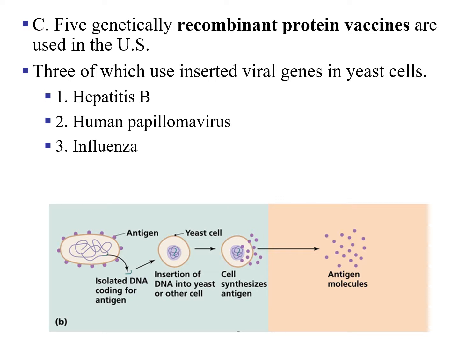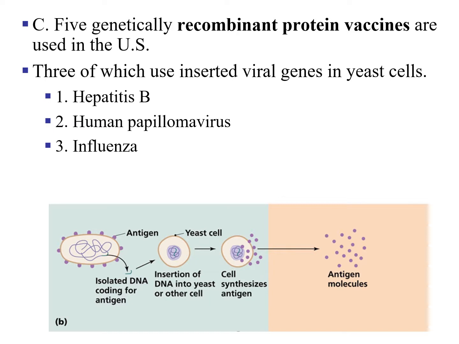The next type of subunit we'll talk about is recombinant protein vaccines. And we have 5 types that we'll discuss. The first 3 are hepatitis B, human papillomavirus, and influenza.